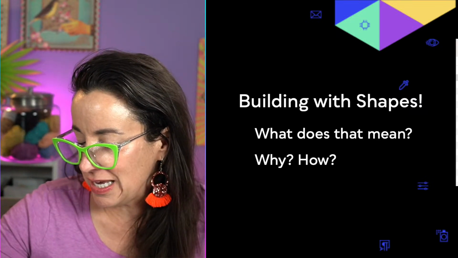Let's jump into the chat and see what is going on here. I've got stuff all over my screen. So Scott says that the most confusing thing about Illustrator is editing paths. I hear you, Scott. There's so many different ways to do it.